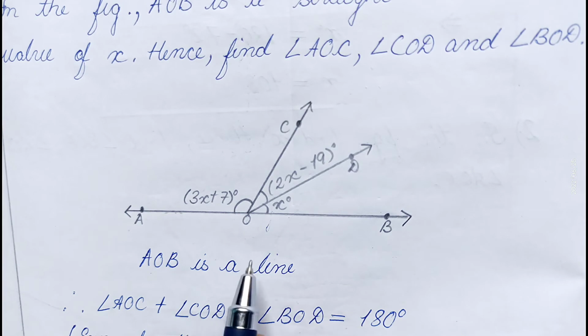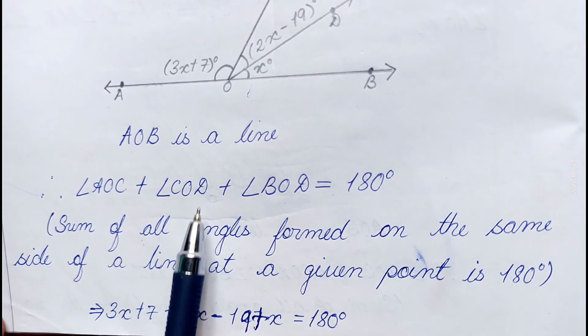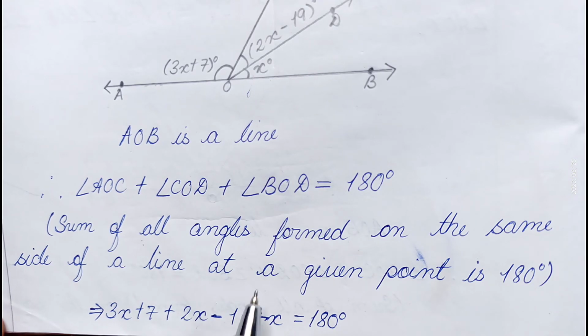Now AOC is 3x plus 7, COD is twice x minus 19 and BOD is x. Now we will replace angle AOC by 3x plus 7, COD by twice x minus 19 and BOD by x. Then we are going to get 3x plus 7 plus 2x minus 19 plus x equals 180 degree.